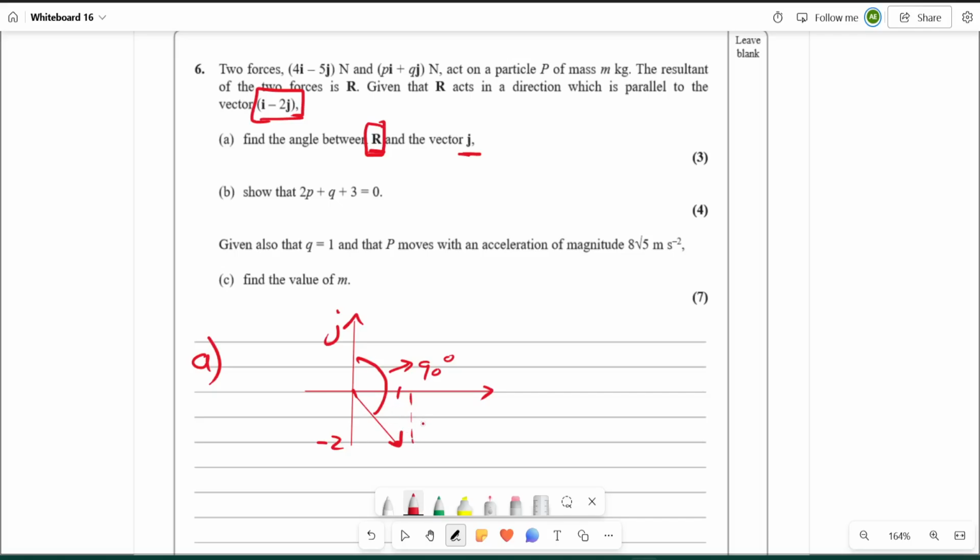I know that this is 2 and I know that this is 1. So to find theta, I know that tan theta is going to equal opposite, which is 2, over adjacent, which is 1. So theta is going to equal tan inverse of 2 over 1. Theta equals shift tan 2 over 1. What I like to do is never put negatives in my trig angle questions.